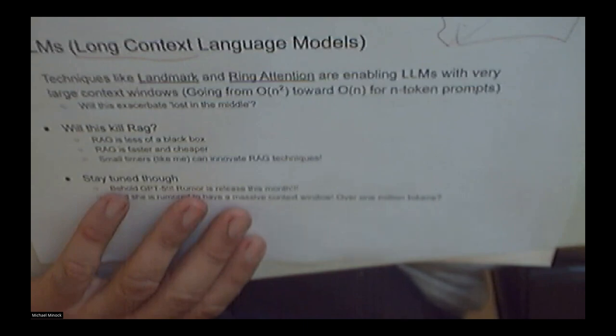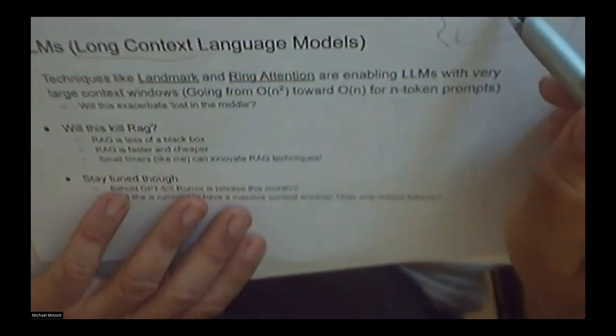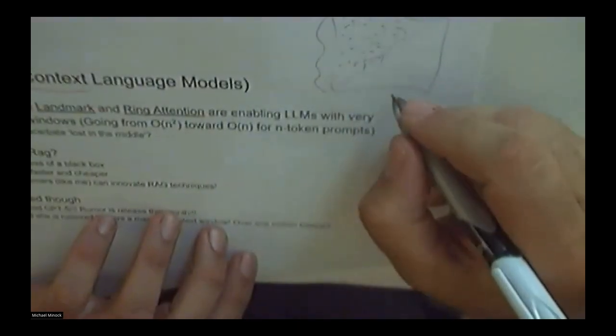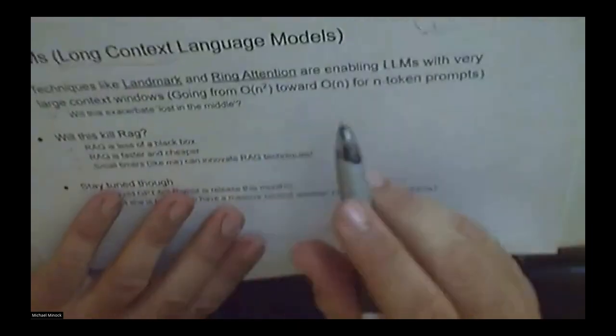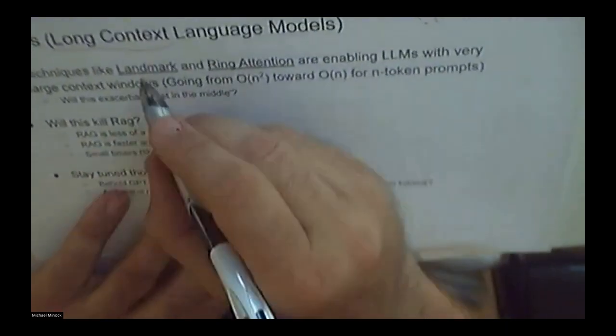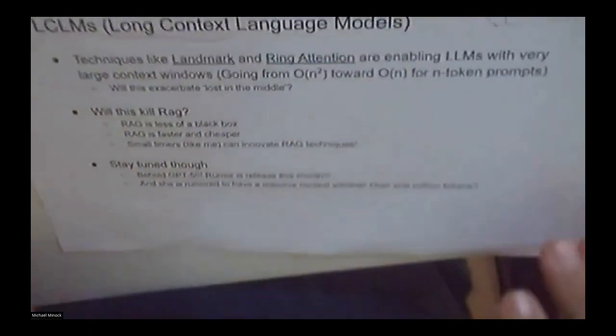That "me" and that rum, 50 pages into Moby Dick, should really be talking to each other in an attention mechanism. Things that are close by should talk to one another too. Ring attention does a little bit of abstraction there. Landmark is a little more naive, ring is a little bit deeper, but that's the idea.